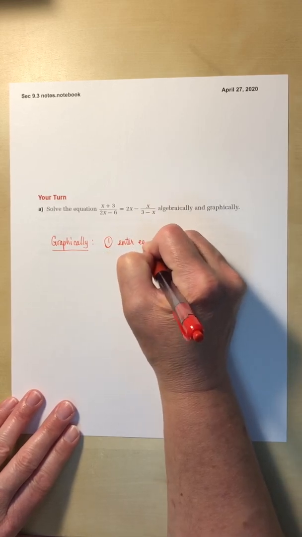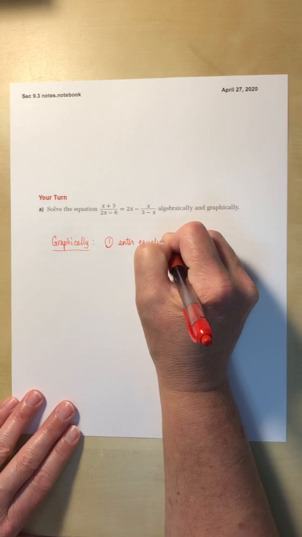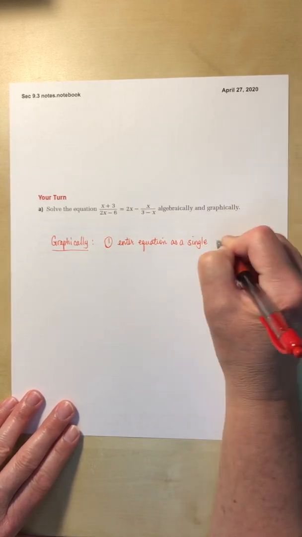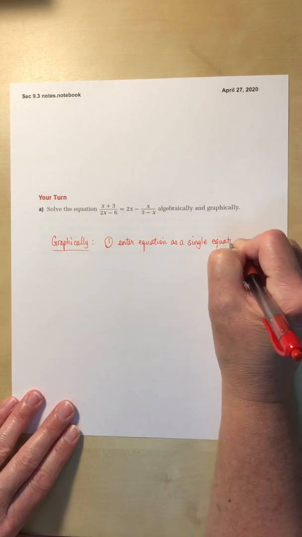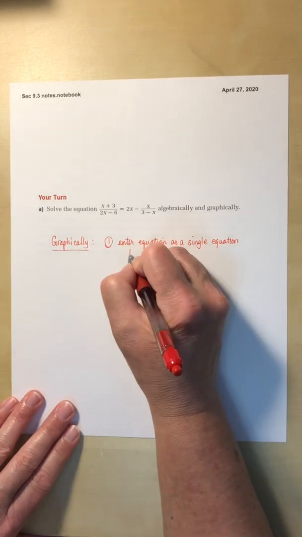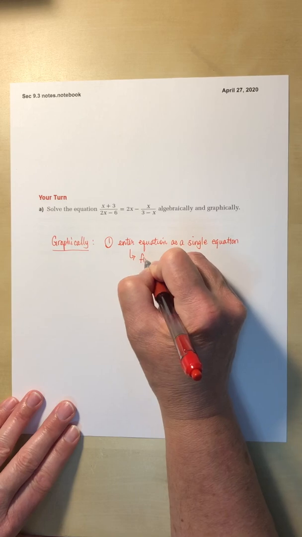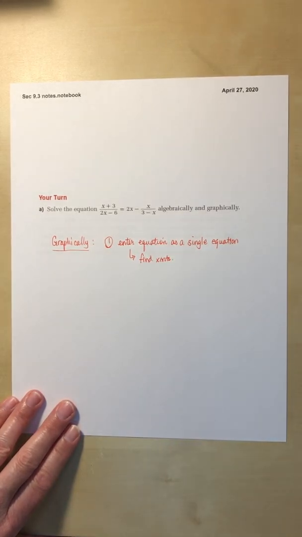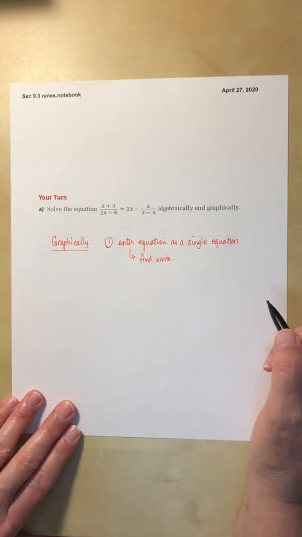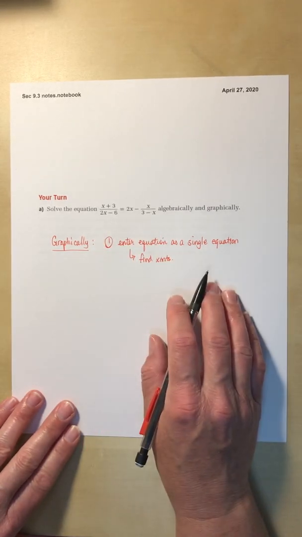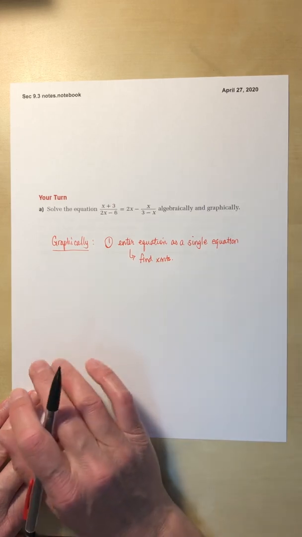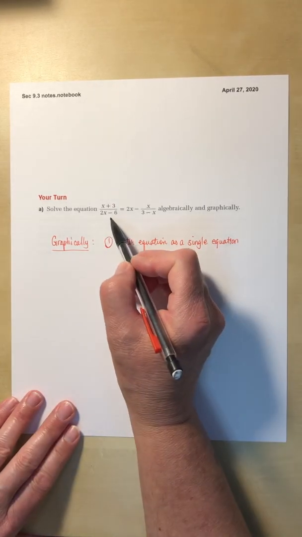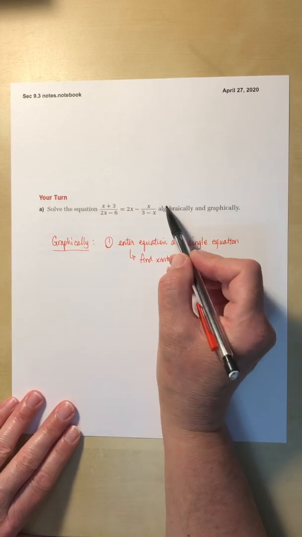Enter equation as a single equation. And if that's the case, then what you are looking for is you are going to find the x-intercepts. So in this particular example, if we were to solve it graphically as a single equation, we would just need to move everything onto one side. And I believe that the easiest way to do that would be to move this entire term on the other side.